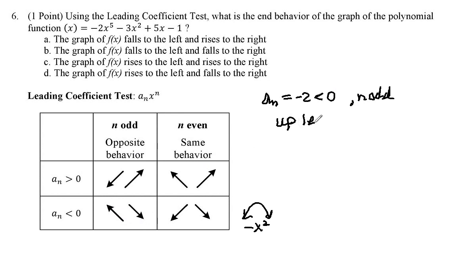Up left, and down right. And let's see here. Fall to the left, fall to the left, rise right, rise left, fall right. That's what we want right there, D. Got it.